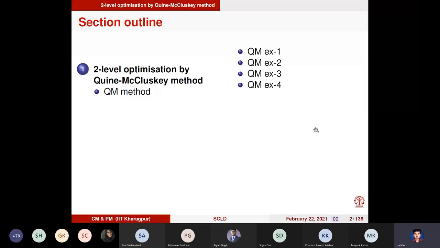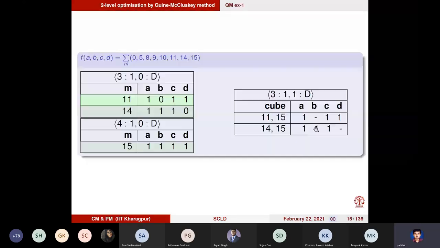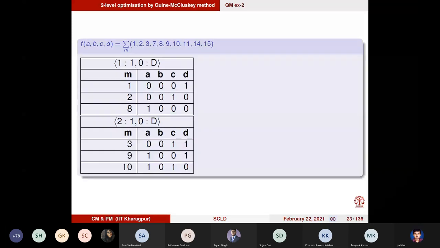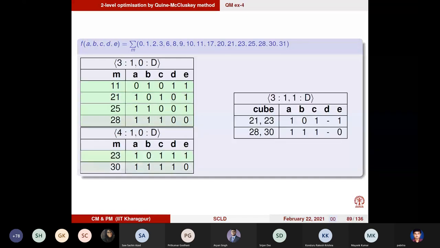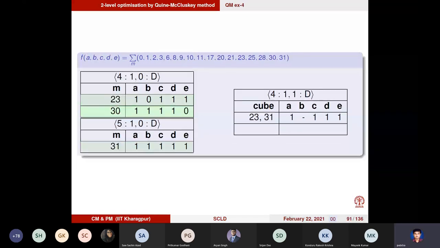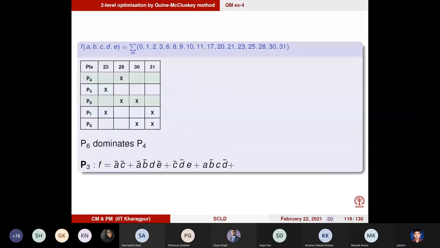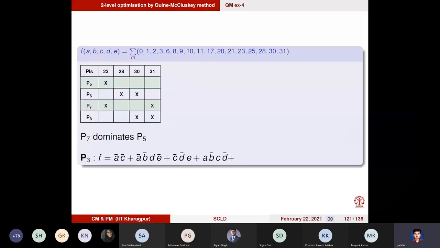Let me show you a prime implicant chart, a small prime implicant chart. Let me go to a reduced one. Yeah, this is a sufficiently reduced one.